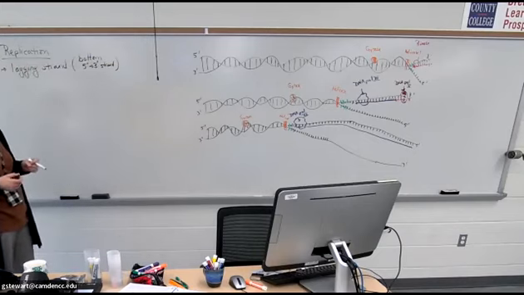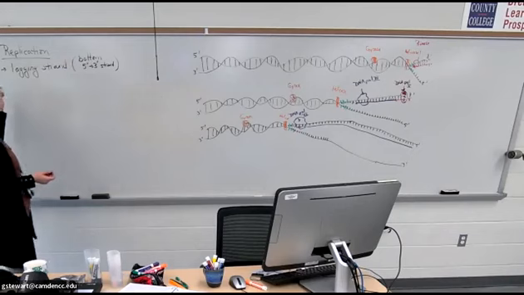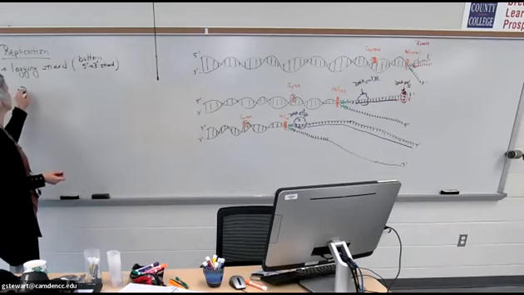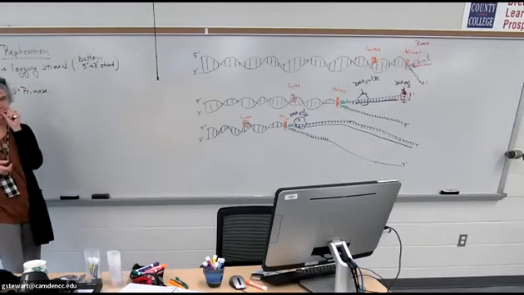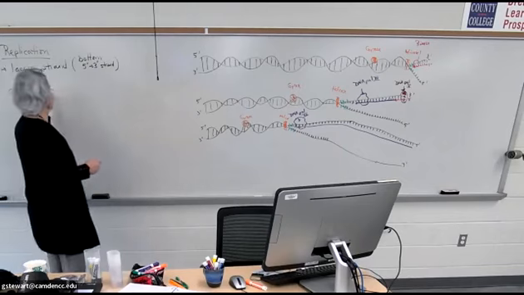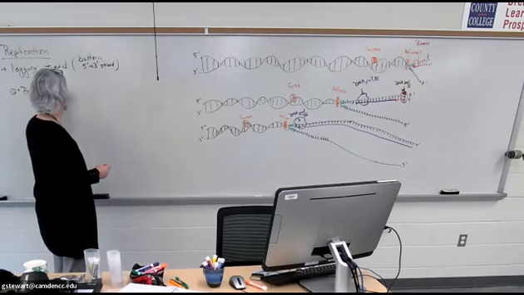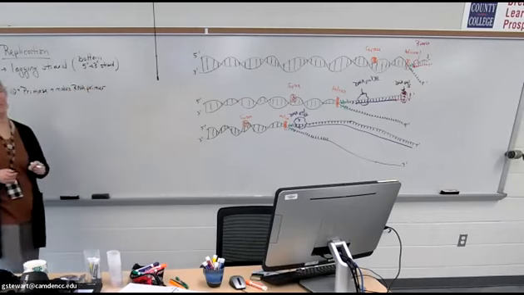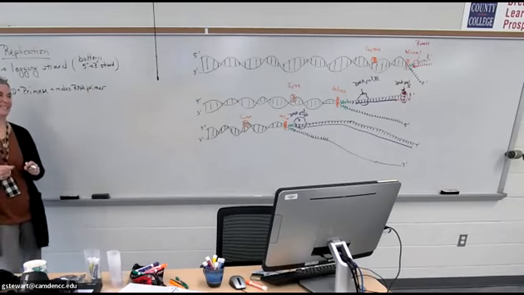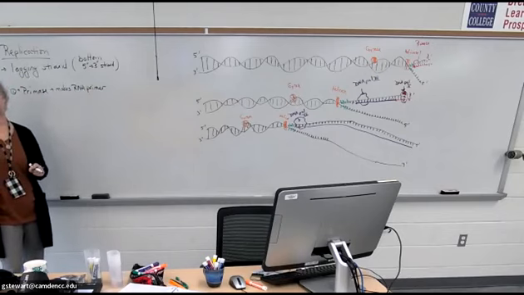So how are we going to replicate that one? Well, still involved is primase. And there's something I didn't tell you about primase. Remember, it makes an RNA primer. So in reality, primase really is a DNA-dependent RNA polymerase.